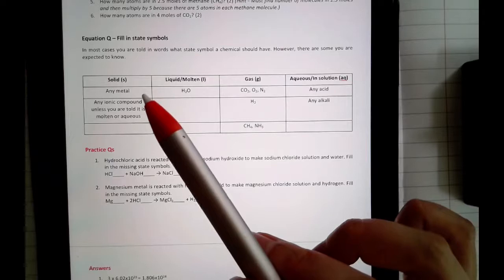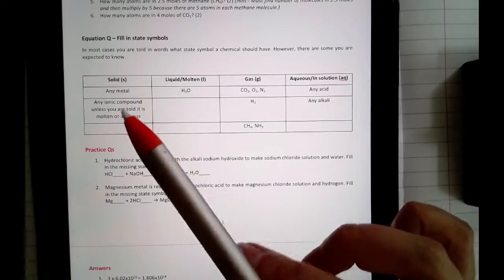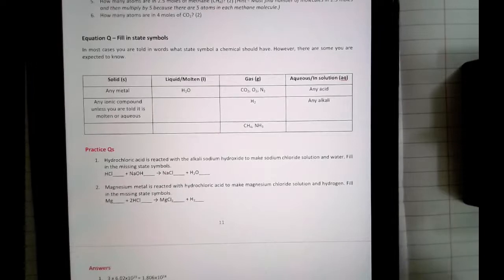So you're not necessarily going to be told that it's a solid, you'd be expected to know that it's S. Any ionic compound, an ionic compound is a metal and a non-metal. Anything ionic, you're going to be expected to know that that's solid, unless you're told otherwise, okay? Unless you're told that they've melted it or dissolved it, you're going to be expected to know that it's solid.